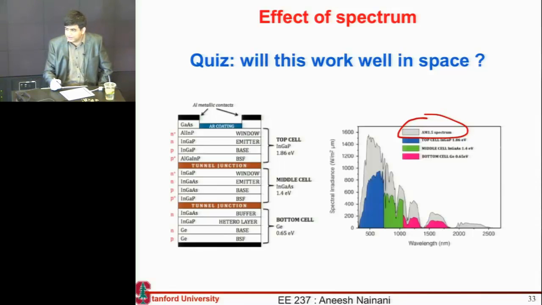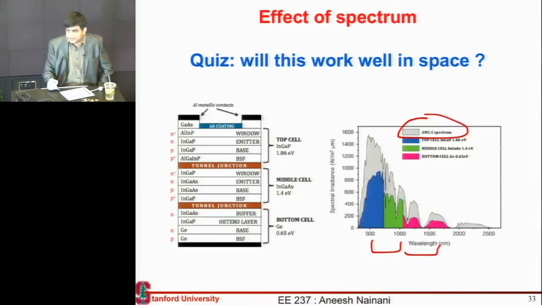Will it give you higher efficiency? If I optimize the cell for, let's say, use in California, I optimize my band gaps so that I can use it here on a solar farm here, would it work equally well if I send it to space?